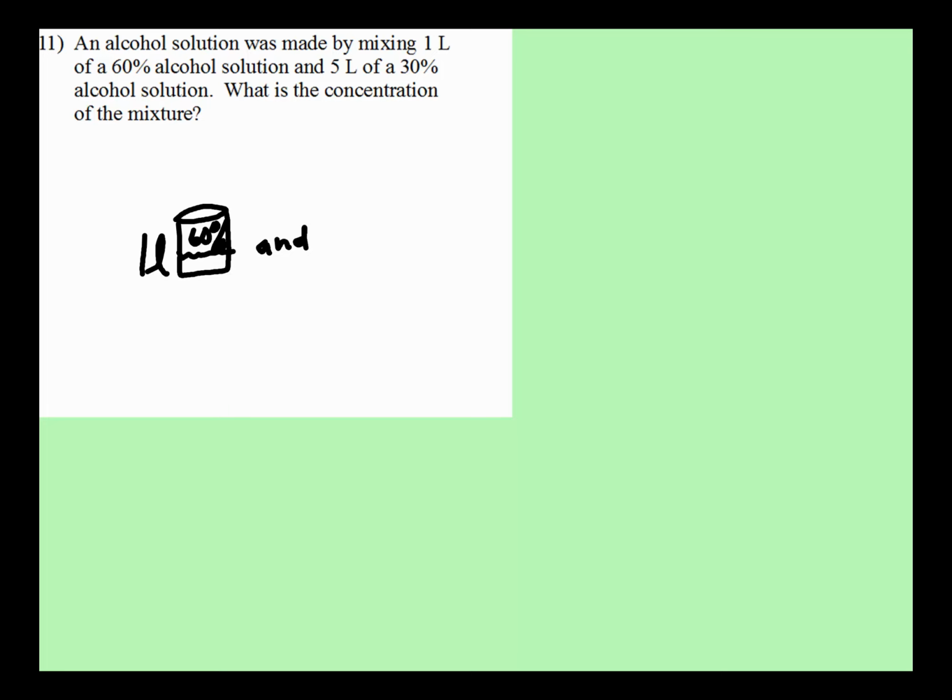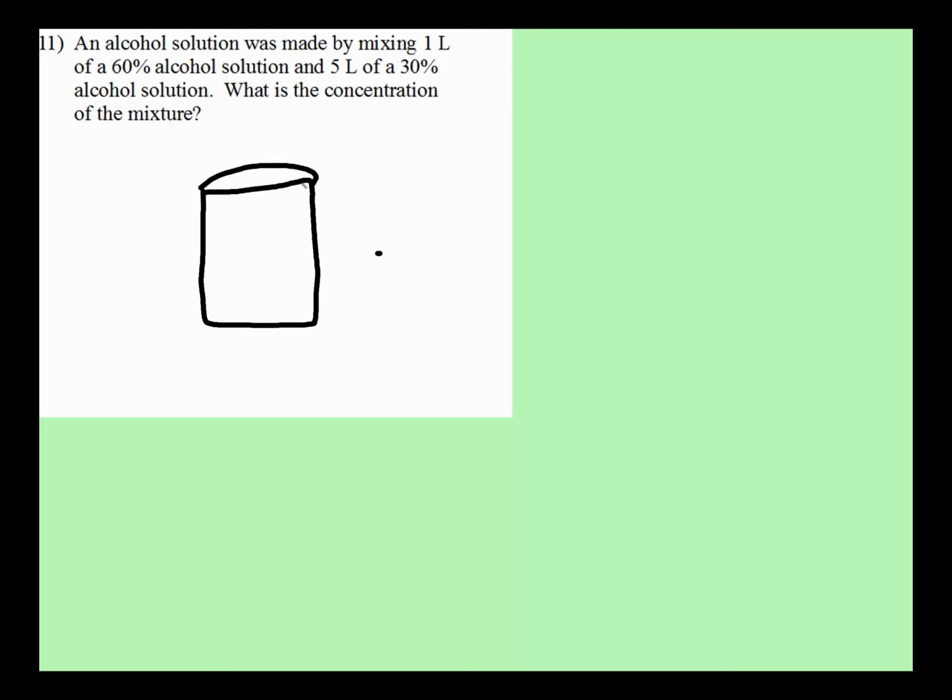I should have made this a little bit bigger, so let me do this a little bit bigger so it's easier to see the diagram. And so right here is 1 liter. So 1 liter, and inside this right here is a 60% solution.